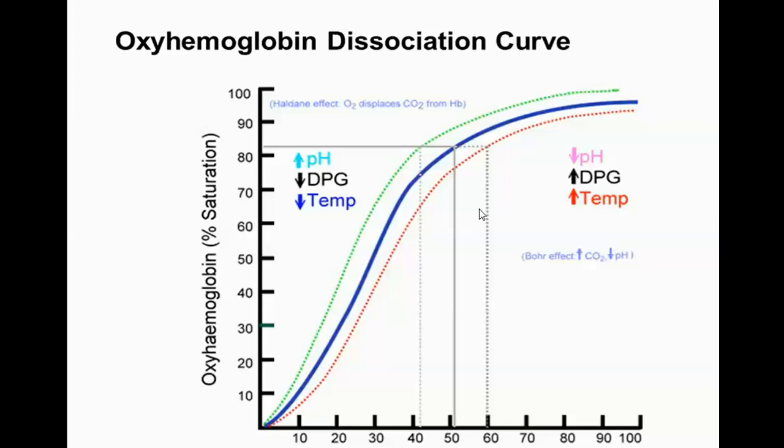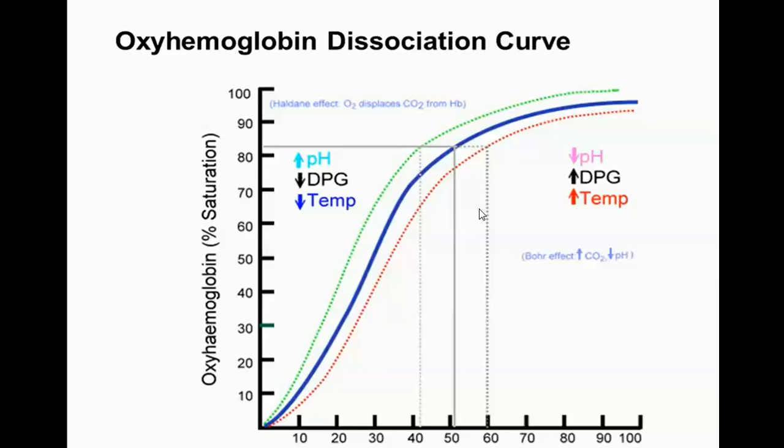Why? Because at the lung, the affinity for oxygen increases to load more oxygen with lesser pressure, okay? Even with 20 or 30, I can load most of the hemoglobin, okay? But at the tissues, to the right, to unload almost all of my oxygen to the tissue, okay?